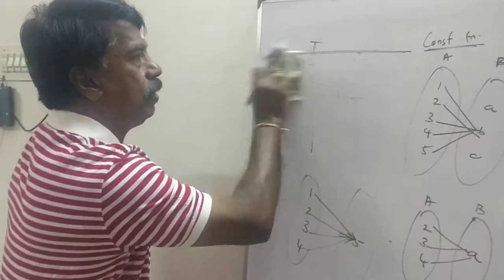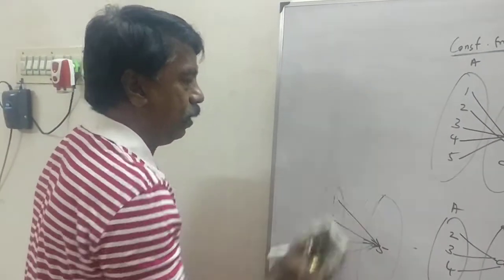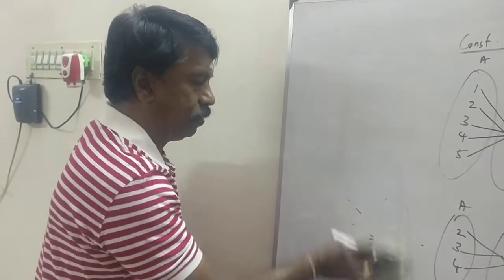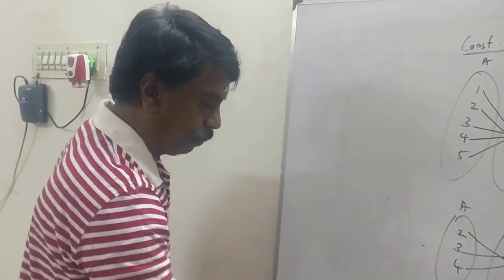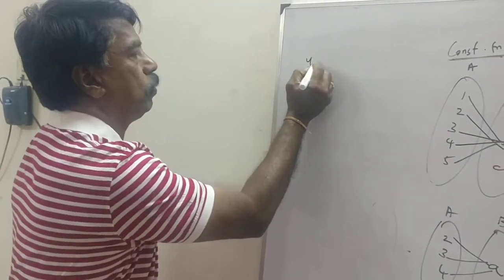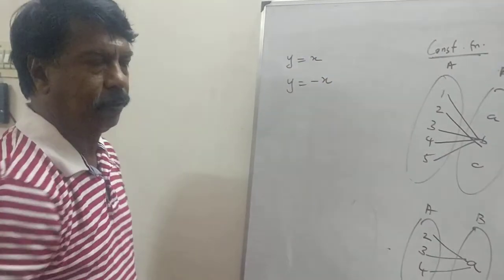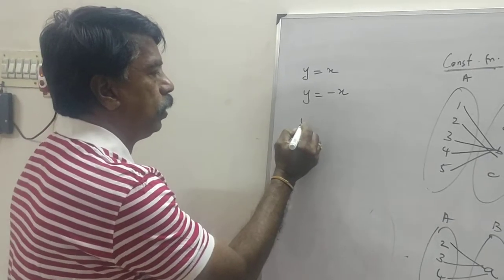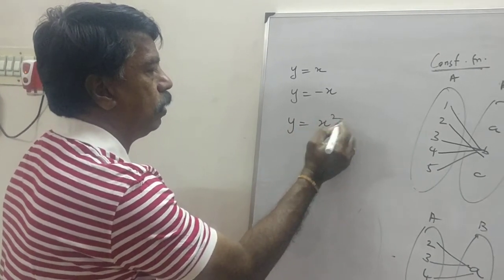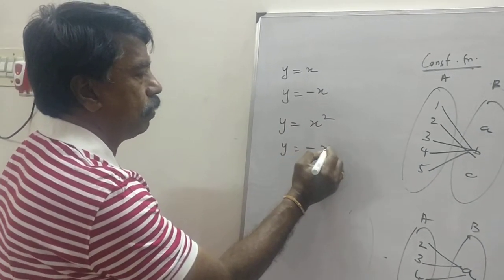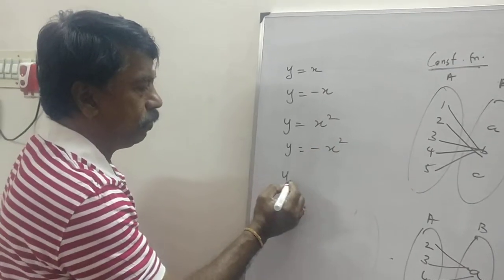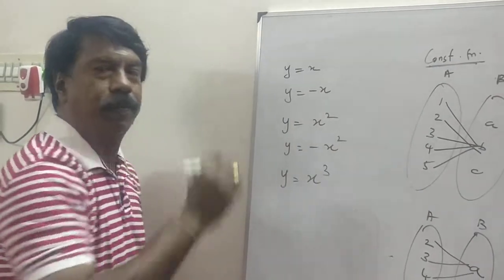And apart from these functions, we will have some special functions also. That is y equal to x, y equal to minus x, and also y equal to x squared, y equal to minus x squared, and y is equal to x cube.